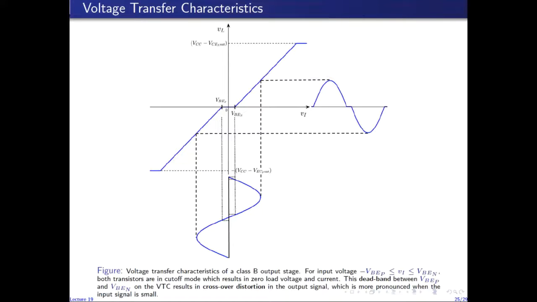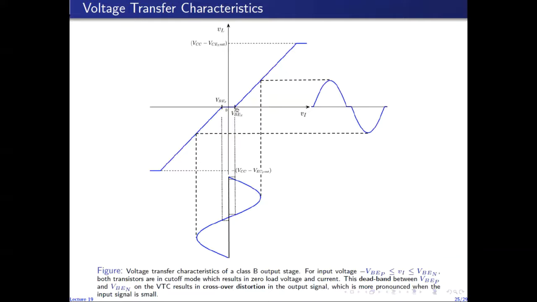So this diagram here shows the voltage transfer characteristics of the push-pull amplifier. When VI is in between these two values, that is, when VI is less than 0.5 volts and greater than minus 0.5 volts, neither QN nor QP conducts, and we get zero voltage across the load RL, because there is no current through the load.